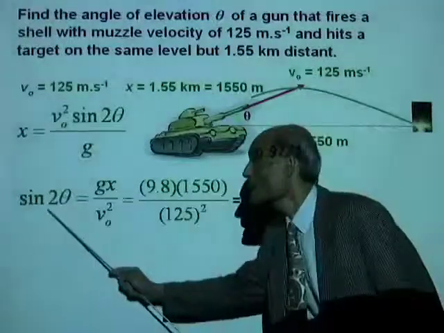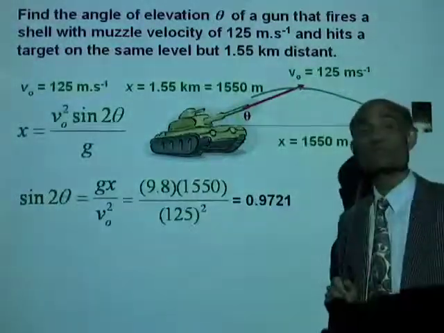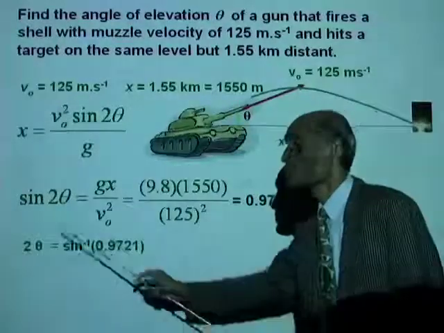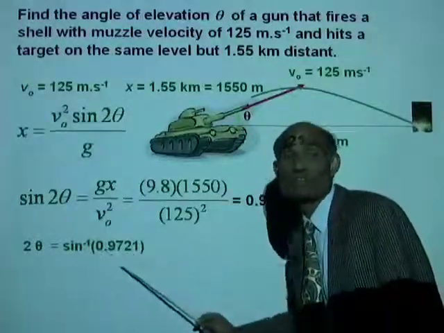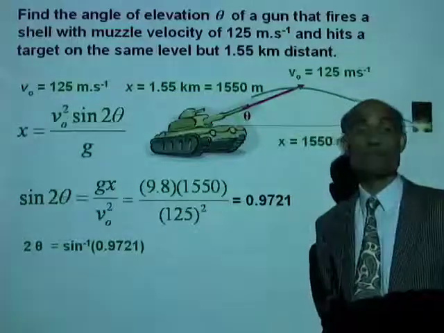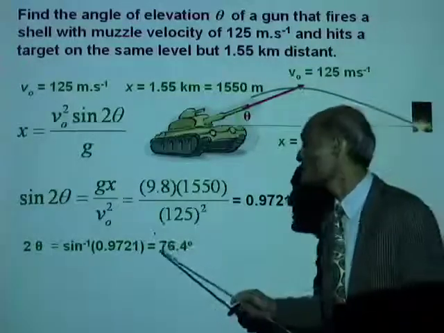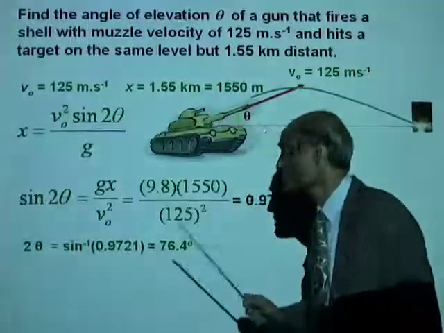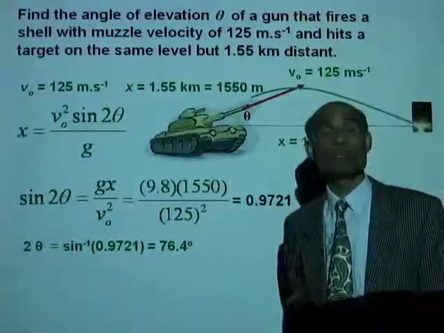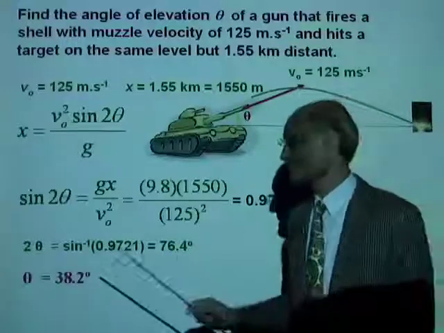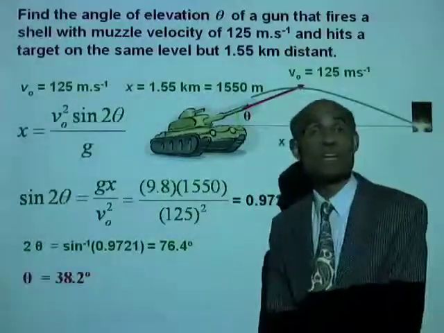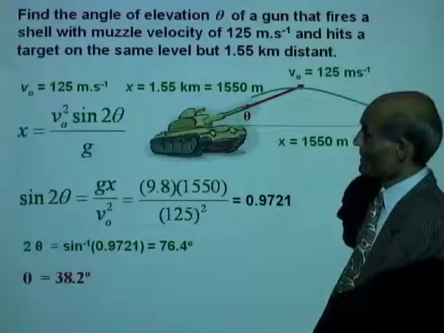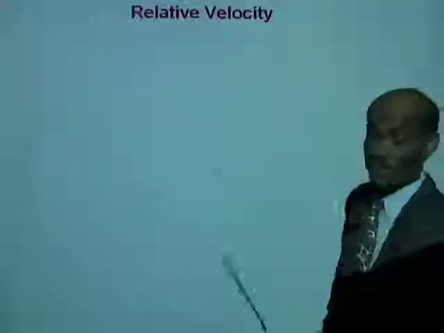If sine of 2 theta is 0.9721, what is the value of 2 theta? 2 theta is sine inverse of 0.9721, and that will be 76.4 degrees. If 2 theta equal to 76.4 degrees, what is the value of theta? Theta is 38.2 degrees. Okay, that's now.